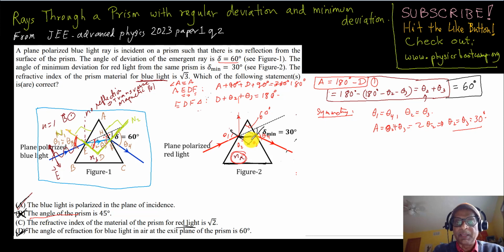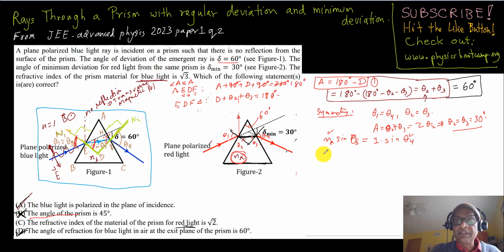So if you apply over here, this n_R sine theta 3 has to equal outside's 1 times sine theta 4. So you have unknowns here and here, which means I need to figure out theta 4, and that's where the delta minimum will come from. For delta related to all these thetas, we'll get the answer from that.